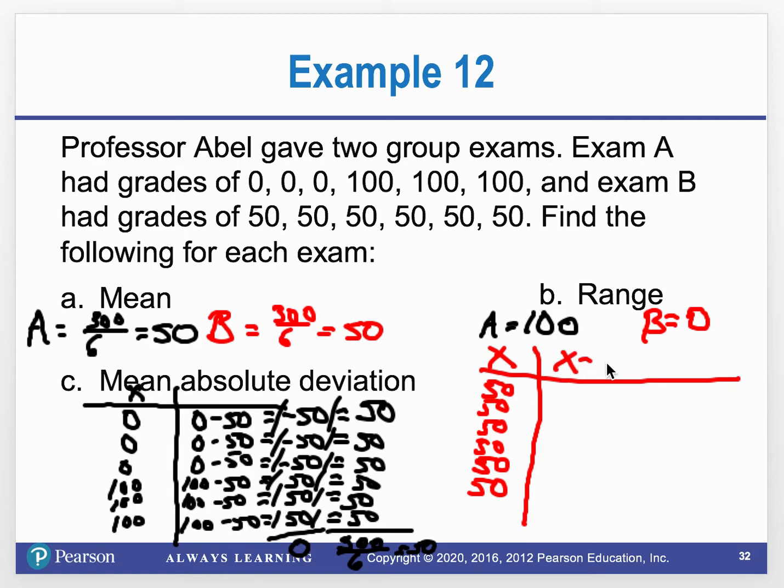Okay. I'm going to subtract the mean. I forgot to write my heading over here just so that we would know what we're doing. The mean is 50. So I have 50 minus 50. 50 minus 50. All the way down.